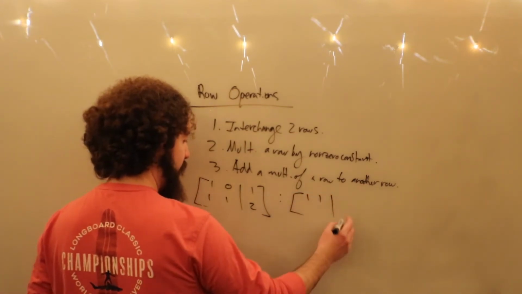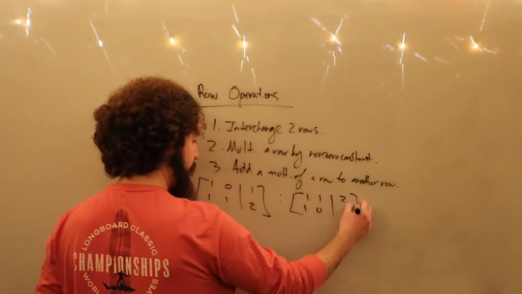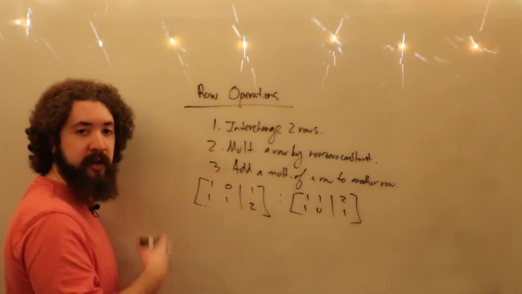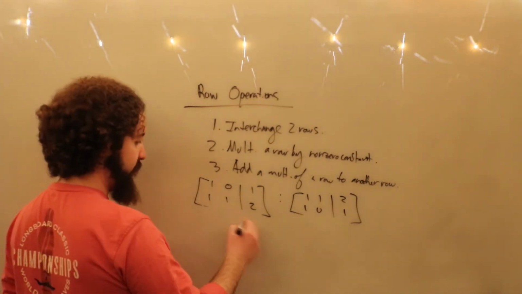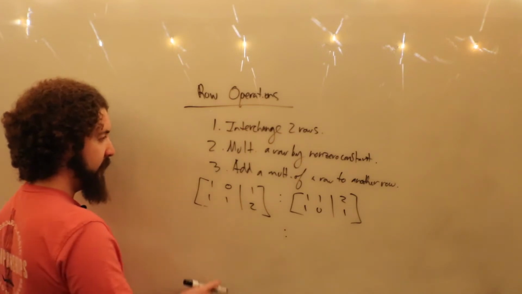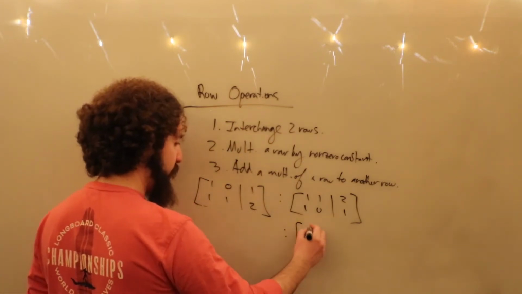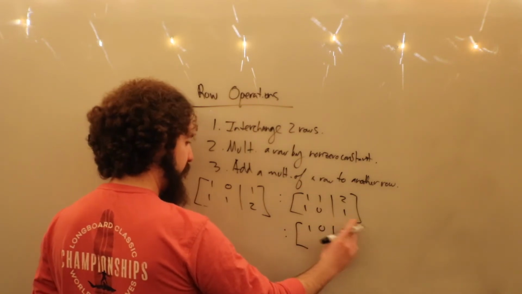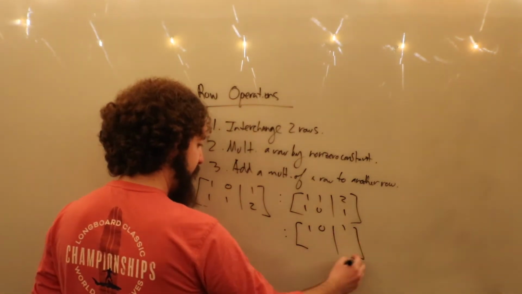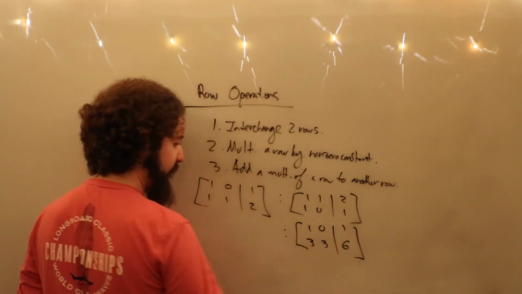Well, now we have 1, 1, 2, and 1, 0, 1. These are equivalent systems of linear equations, or at least they represent equivalent systems. We can multiply by a constant that's non-zero. So how about 1, 0, 1? And then for the second row, let's multiply by 3. So we have 3, 3, and 6.